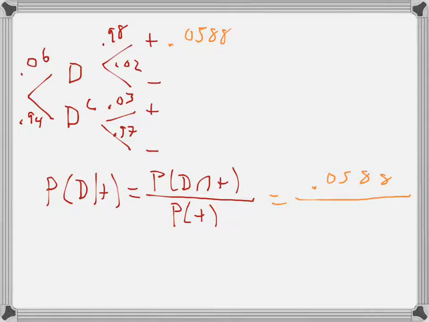What about the probability that they test positive? Well, there's two ways of testing positive. You could either have taken the drugs and tested positive, that was the 5.88% chance we calculated earlier, or there's that chance of getting a false positive.